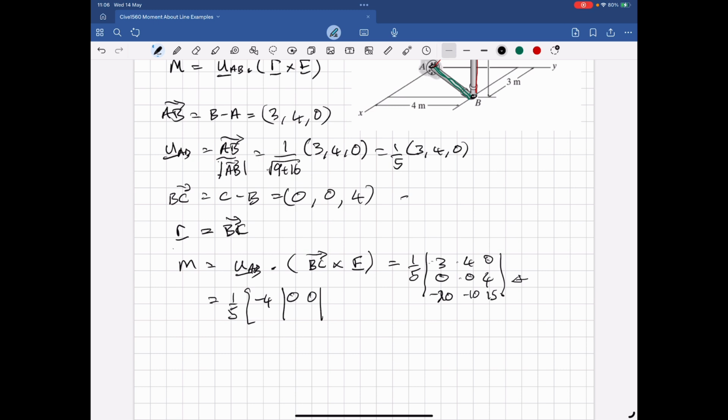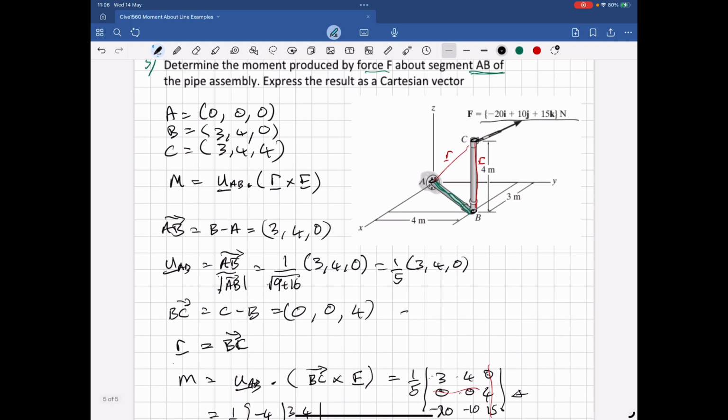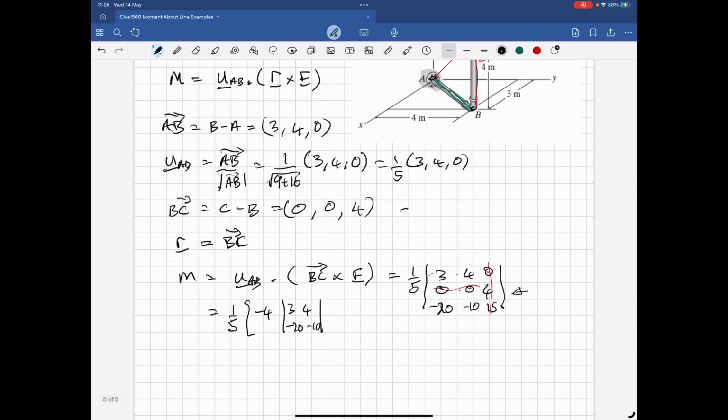Sorry, that's wrong. So we're going to take out these rows and be left with 3, 4, minus 20, minus 10. That's not minus 10, is it? No, we'll look at that to check that. That's plus 10, plus 10.